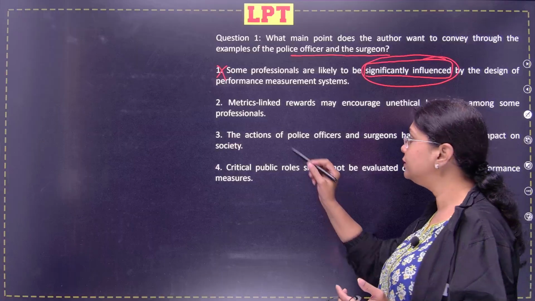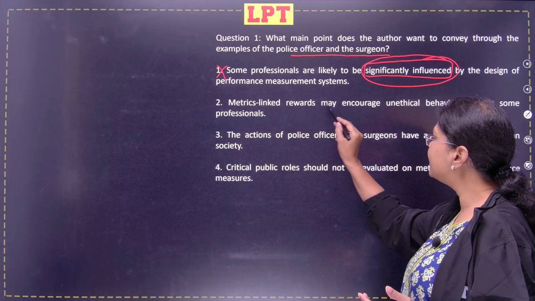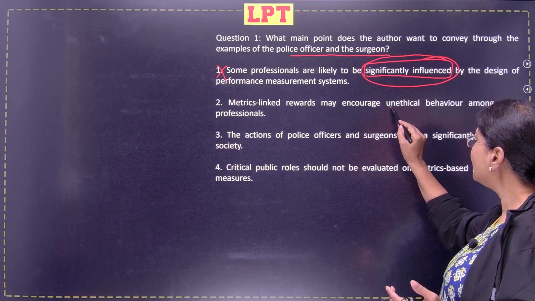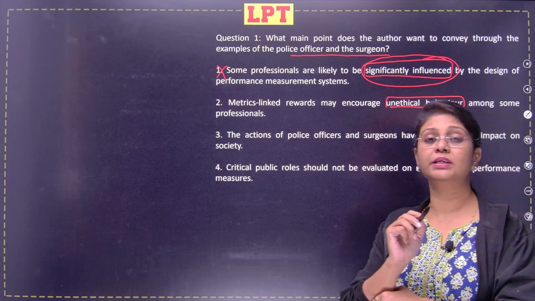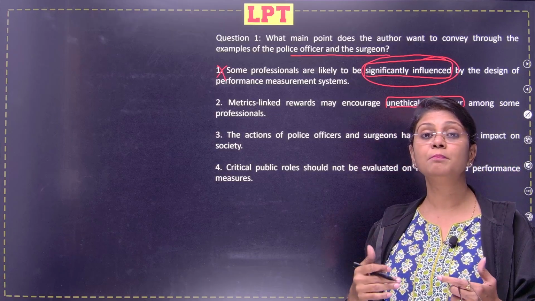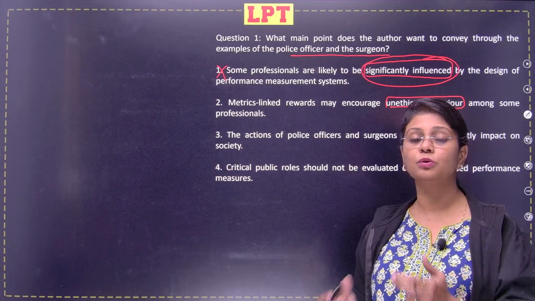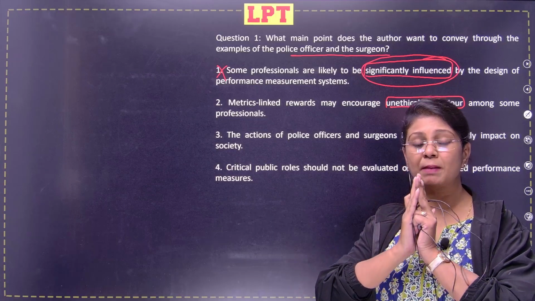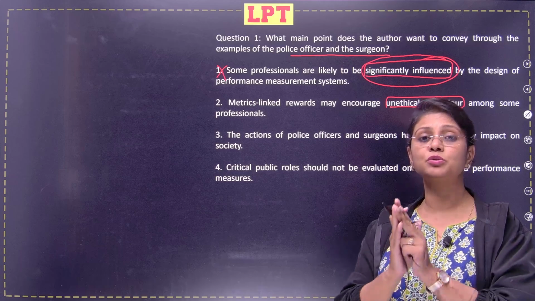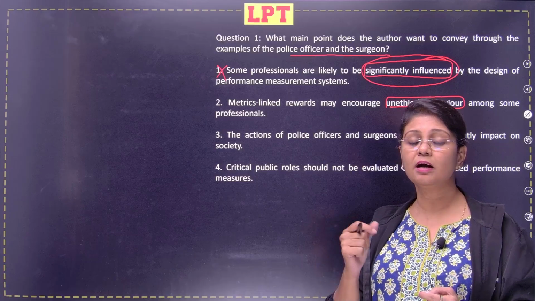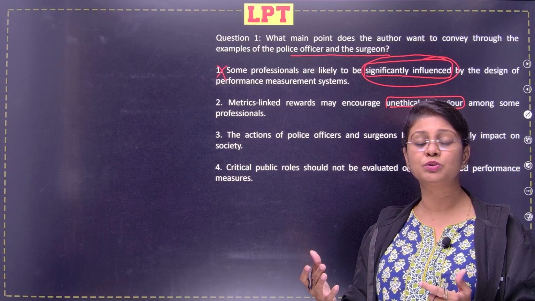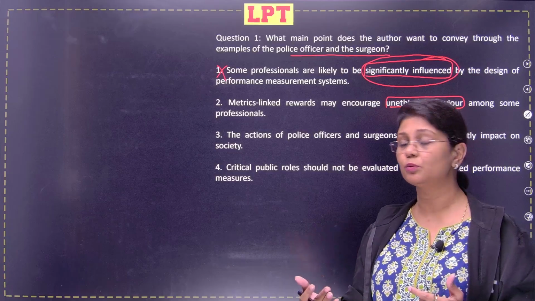Let's read second. It says metrics linked rewards may encourage unethical behavior among some professionals. So now this comes very close to the misuse that we were talking about. So the example given with respect to the police officer and surgeon was to show that if you have metric fixation process in a particular organization or an institution, there might be a misuse associated with it.